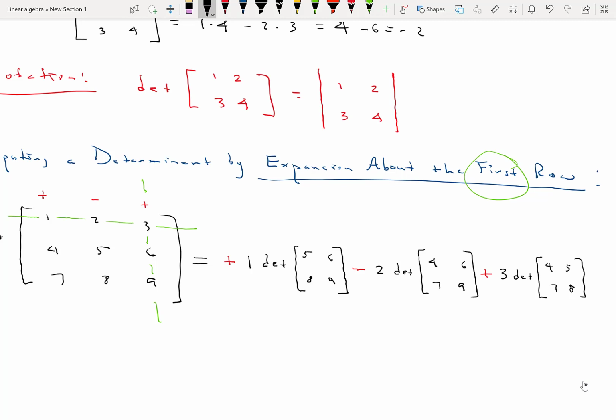The rest is very simple, because we already have the definition of the determinant of a 2 by 2 matrix. We just get 1 times 5 times 9 minus 6 times 8, minus 2 times 4 times 9, multiply the downward diagonal, minus 6 times 7, multiply the upward diagonal, plus 3 times 4 times 8 minus 5 times 7.